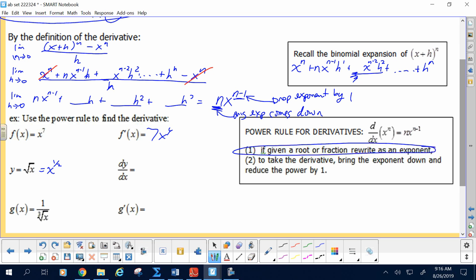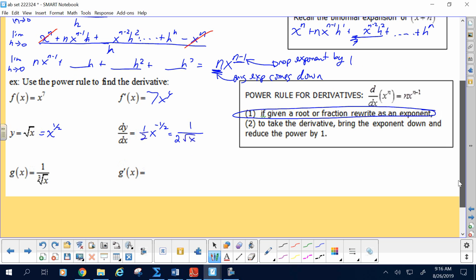When I go to take the derivative, now I can use the power rule. So what two steps to a derivative? First, the exponent comes down, and you drop the exponent by 1. So 1/2 x to the negative half, okay? Or if you like, how could that be rewritten with roots? 1 over 2 root x, yeah?